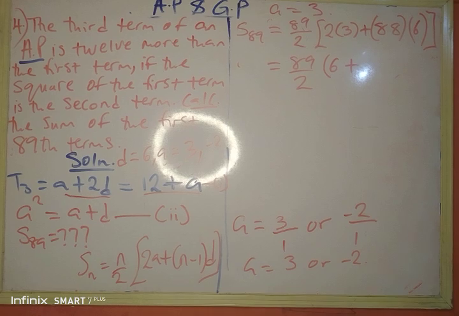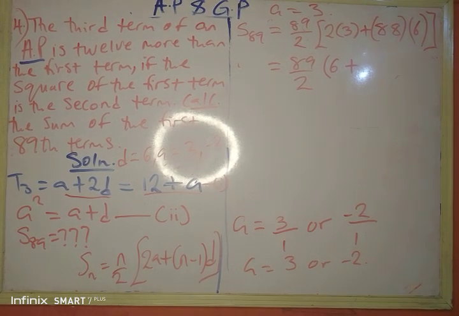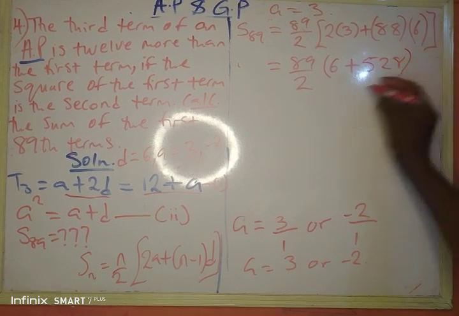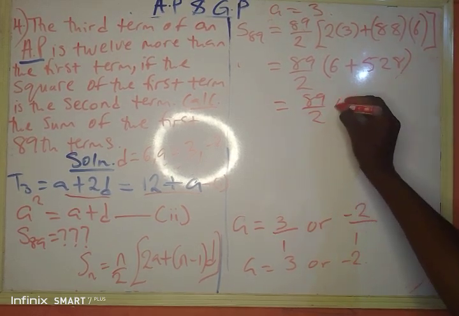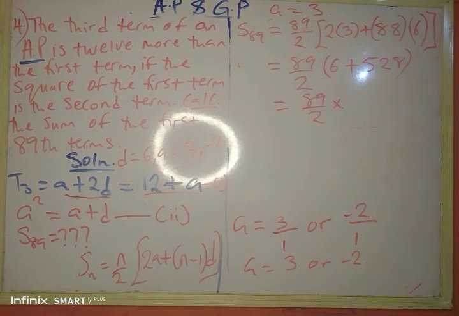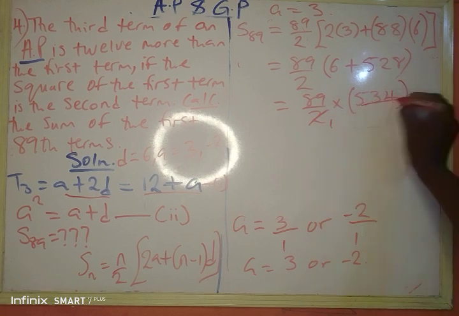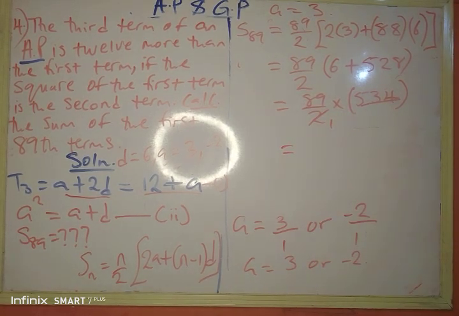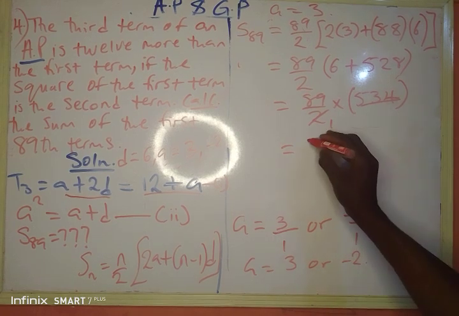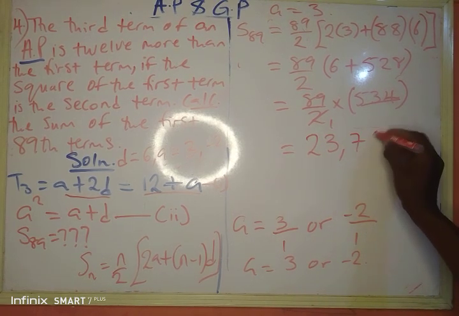88 times 6, I have 528. So 89 divided by 2 times 6 plus 528. 6 plus 528 will give me 534. 534 divided by 2 gives 267. 267 times 89 is 23,763.